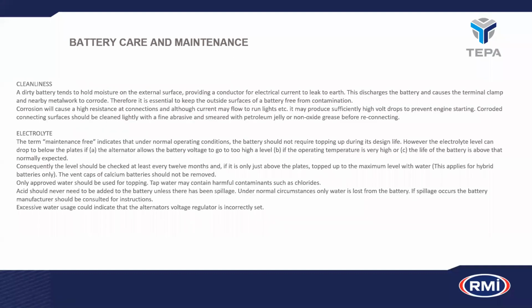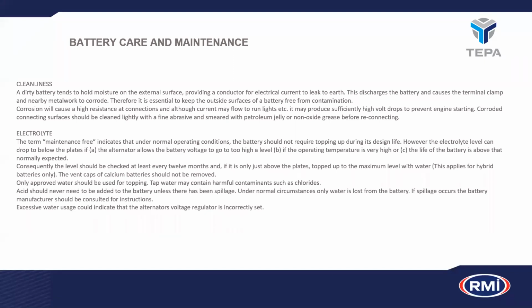Battery care and maintenance: I spoke about cleanliness and the moisture carry. The term maintenance-free indicates that under normal conditions, the battery should not require topping up during its design life. Acid should never be added to a battery unless there's been a spillage.